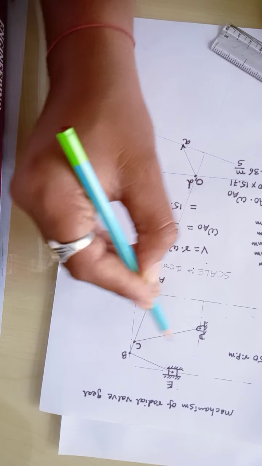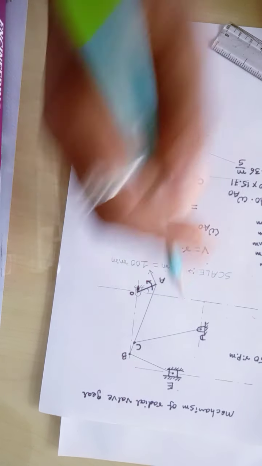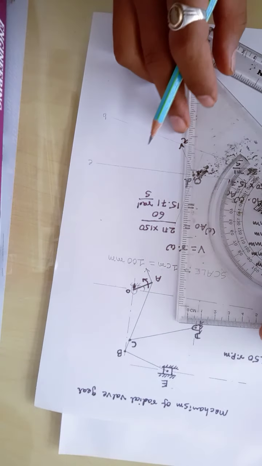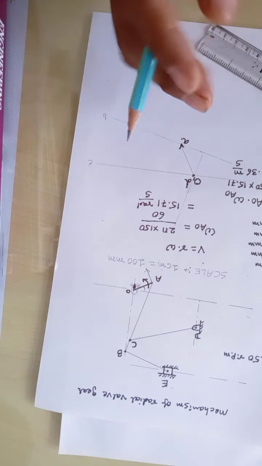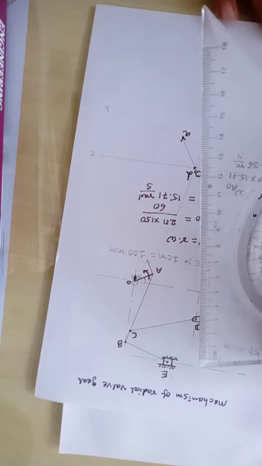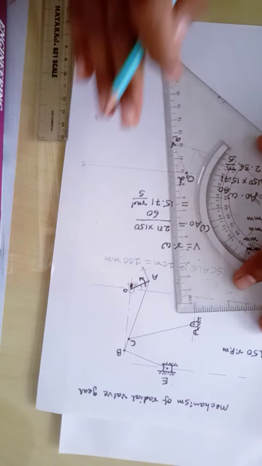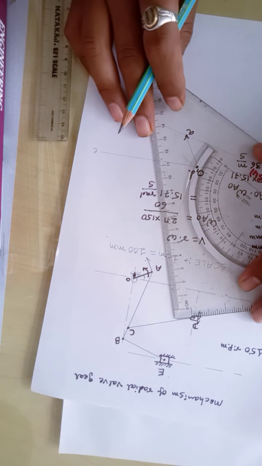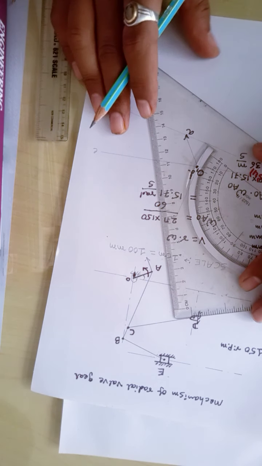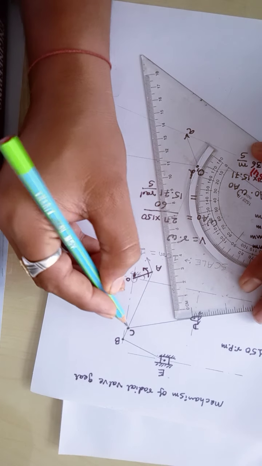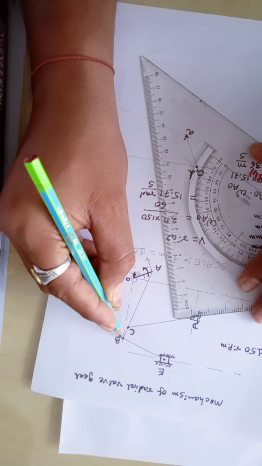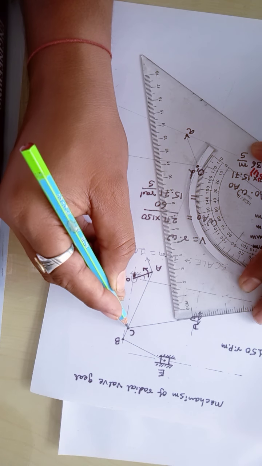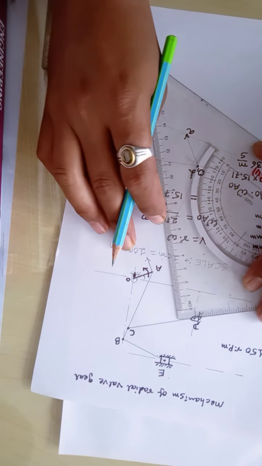Now C is with respect to D. So the line perpendicular to CD is this line, and C is a part of link AB, so obviously its velocity will be on the same line.